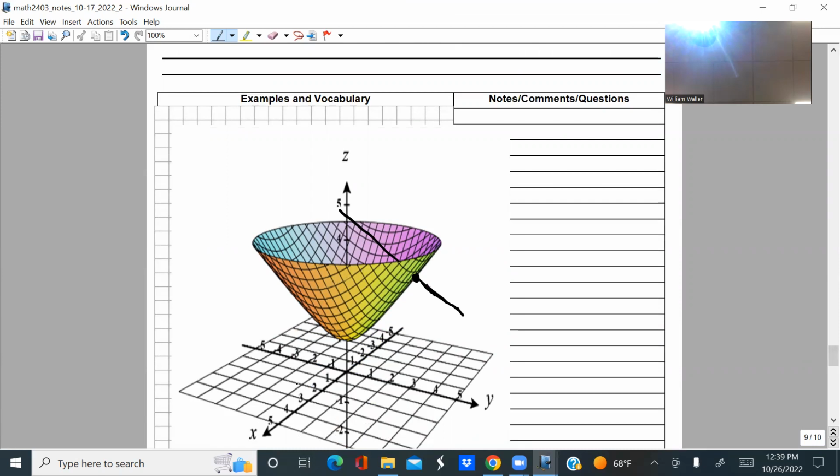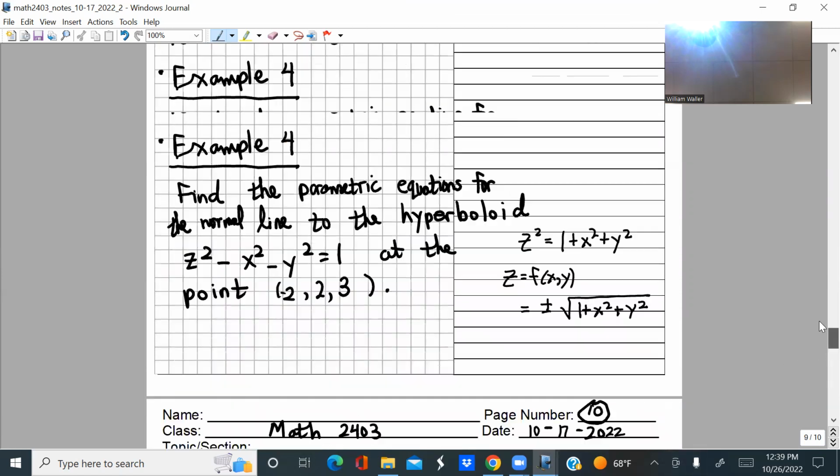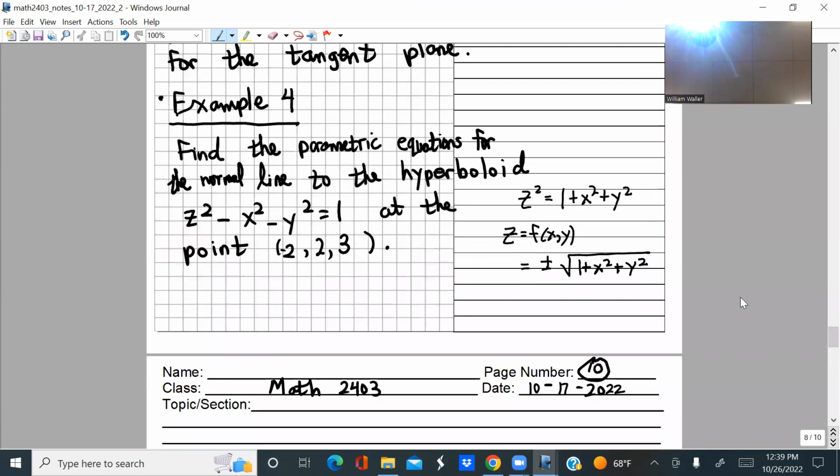So we can really just ignore the bottom part of the hyperboloid for the purposes of doing the problem. So just erase the negative there, and there's our function of two variables.